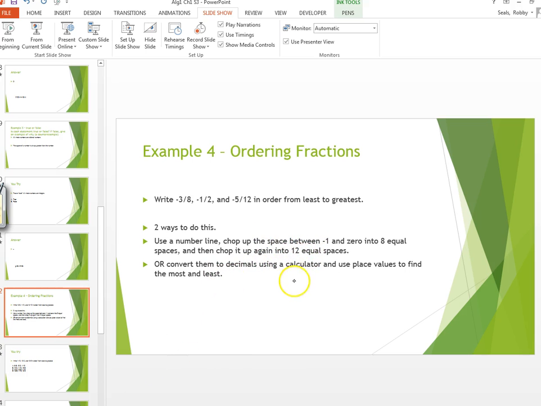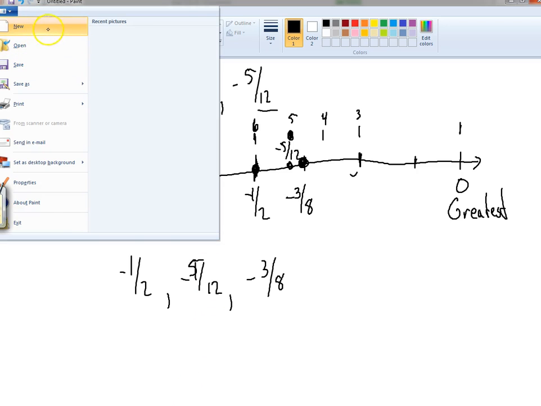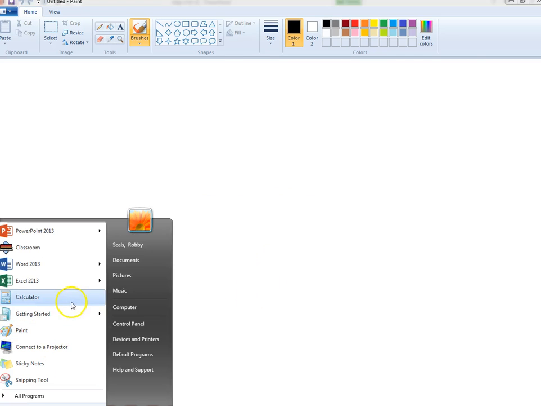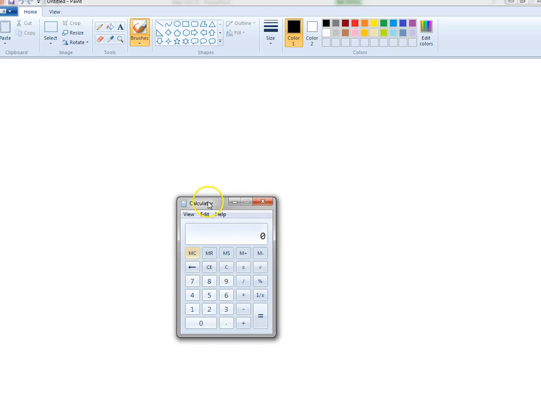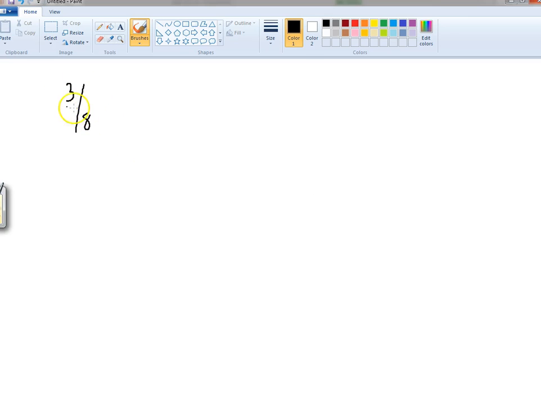The other way is to convert them to decimals using a calculator. Going back and clearing this all off, we can open up a calculator and type in negative 3 divided by 8, and that's going to be negative 0.375.